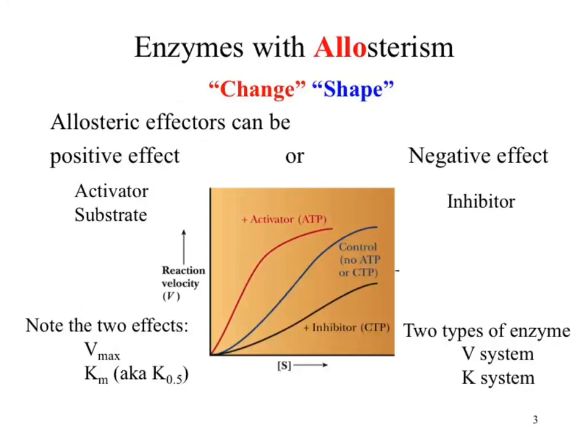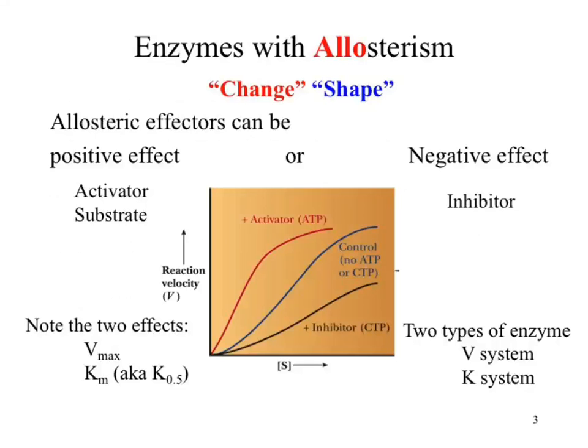That positive effect can be done by an activator, or it can be done by the substrate itself. If you have a couple different binding sites for where your reaction occurs, that means multiple substrates can bind. So if we bind one, we can now increase the binding affinity for our substrate in the other. Have we seen that before? Hemoglobin. Hemoglobin is looking at this positive allosteric effect.